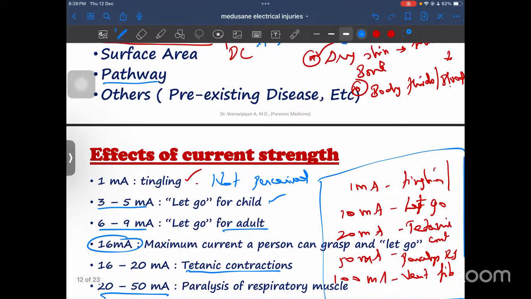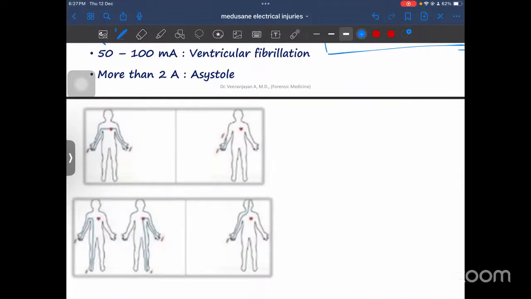Current always takes the shortest pathway and with least resistance. This is the protocol or dictum of how the current will flow in a human body. The current always takes the shortest pathway with least resistance.